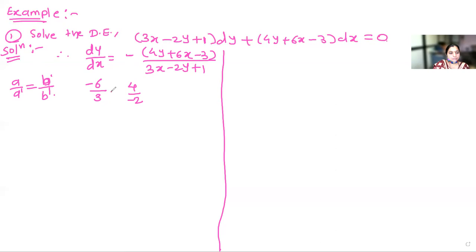This is an example where the two ratios are the same. Okay, so first of all, sorry, 4 upon 3 is that. So look here, 6 upon 3, and here minus 4 upon, just wait, see the equation, 4y plus 6x minus 3 and 3x minus 2y plus 1.